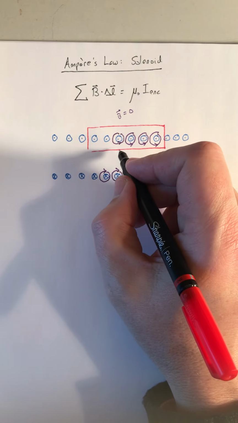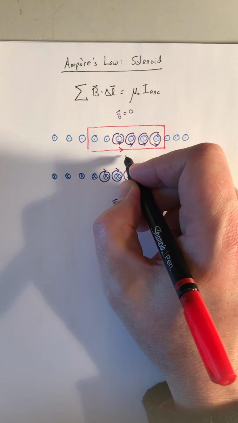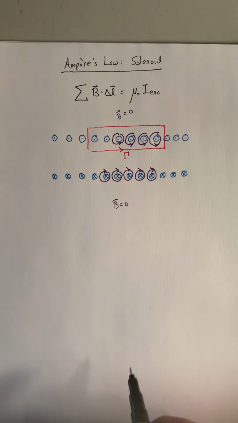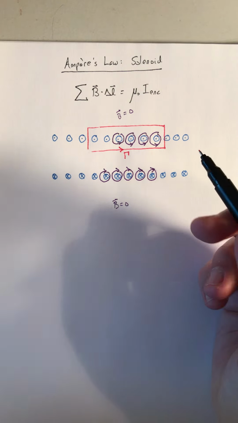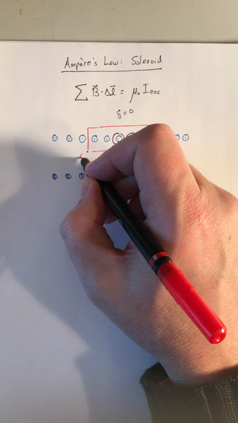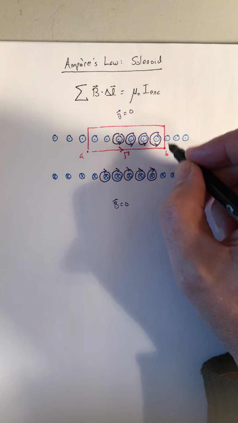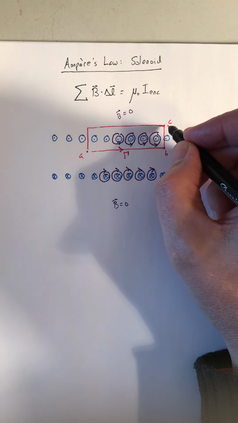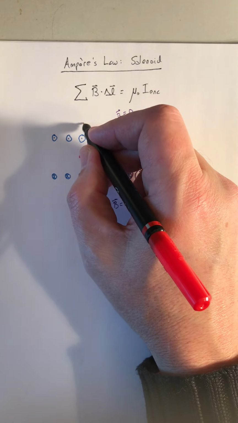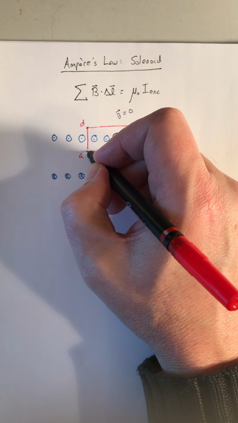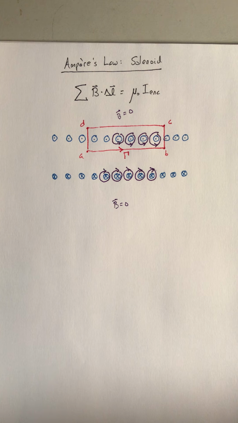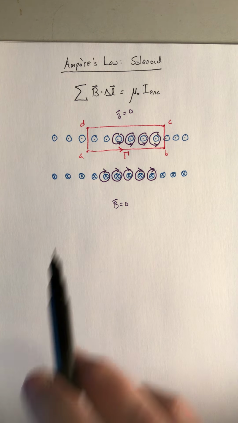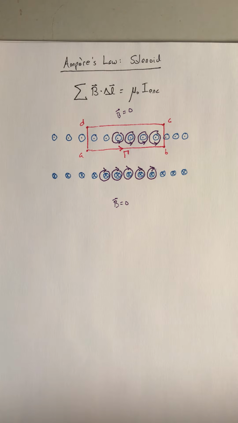And I want my loop going to integrate along gamma that's going to go around counterclockwise. And we'll go from point A to B, B to C, C to D, and then D back to A. All right, so let's apply Ampere's law to that rectangular loop.